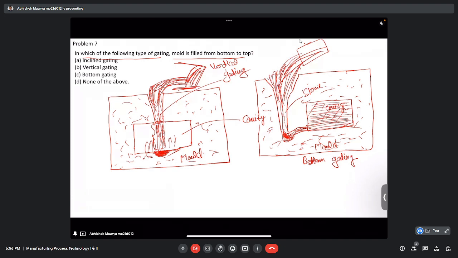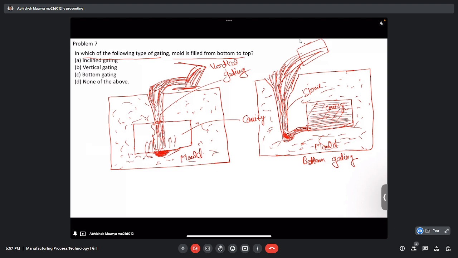Now it is falling here, and then it enters the mold after traveling a certain distance. So the molten metal should be poured at a higher temperature, so that even if it loses heat during traveling, it should remain in liquid form and not get solidified in between. That is the challenge.